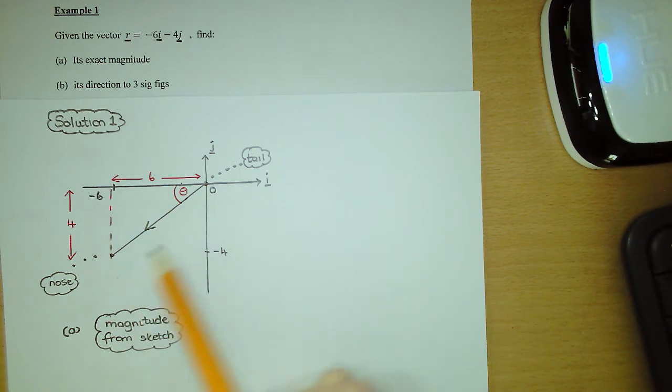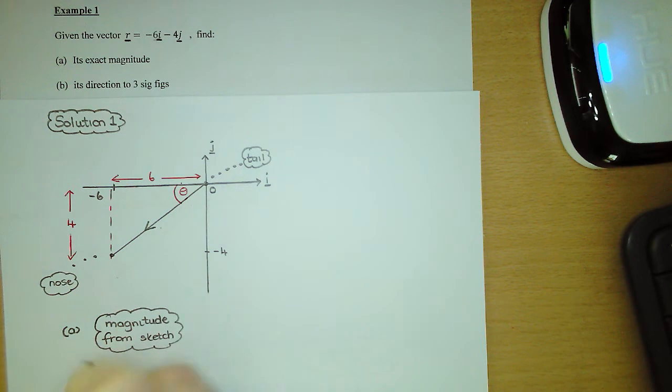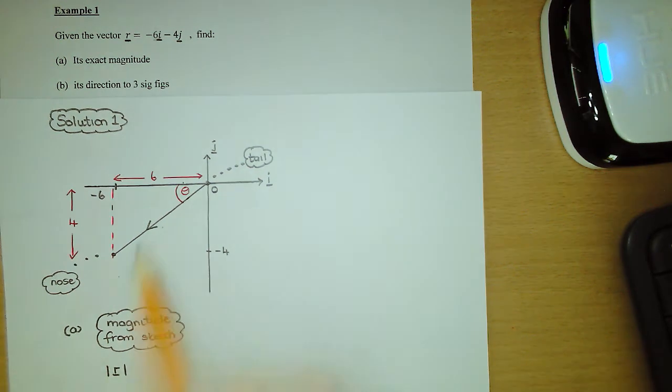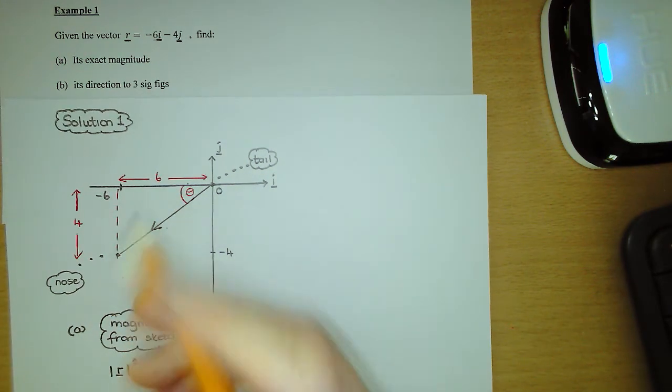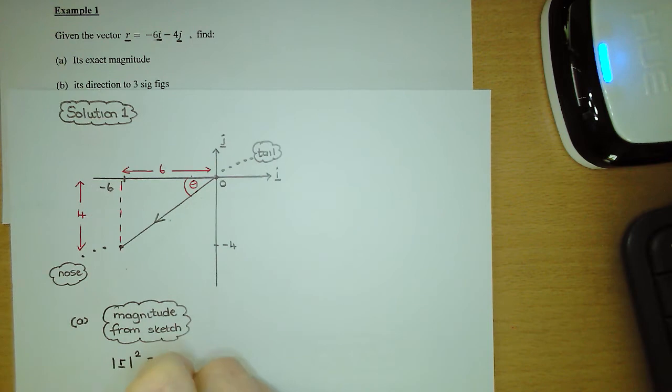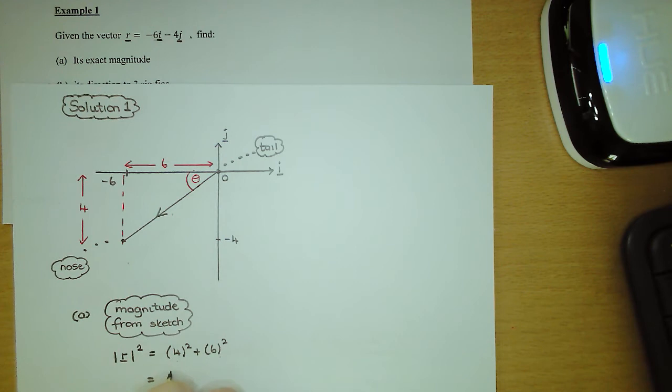So we're just going to use Pythagoras' theorem. So the hypotenuse, remember, is the magnitude of vector r. So the hypotenuse squared is equal to the sum of the squares of the other 2 sides. So it's going to be 4 squared plus 6 squared. So that's going to give us 16 plus 36, which is going to give us 52.